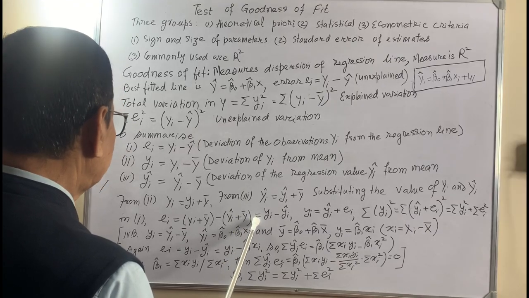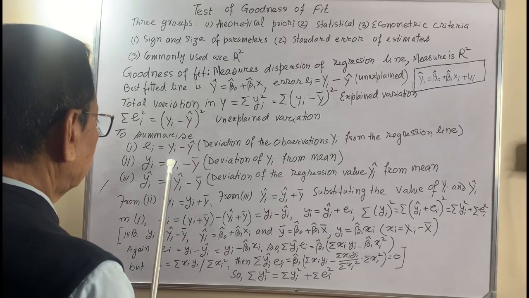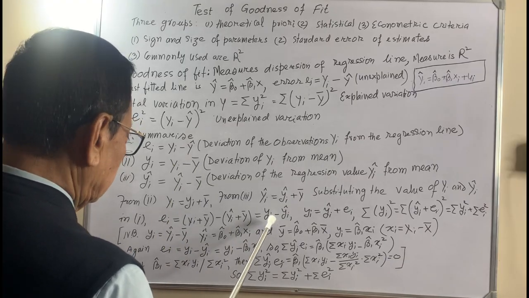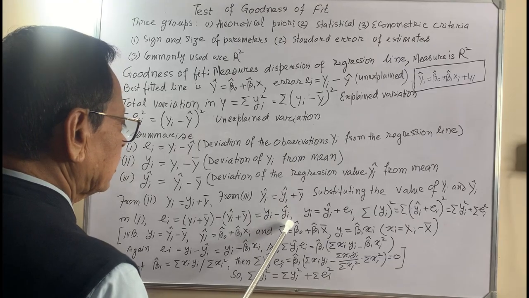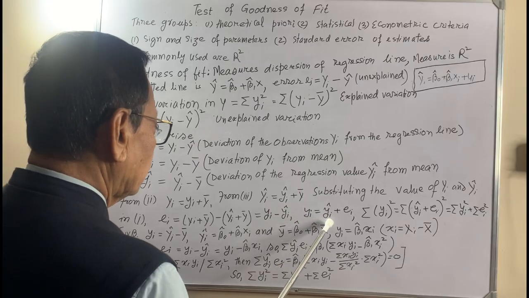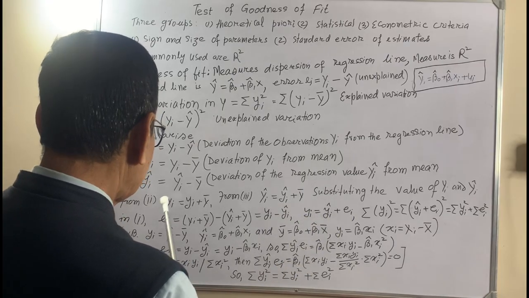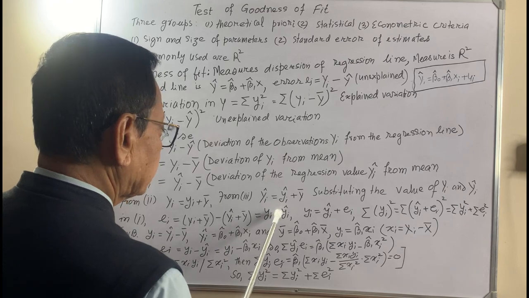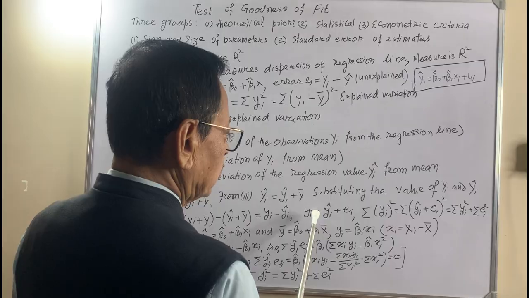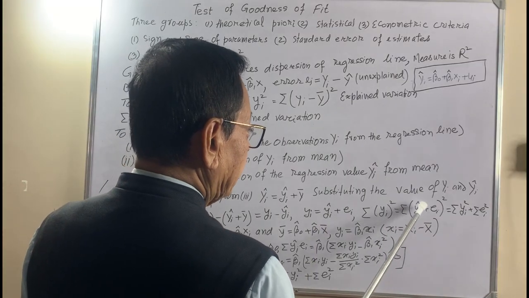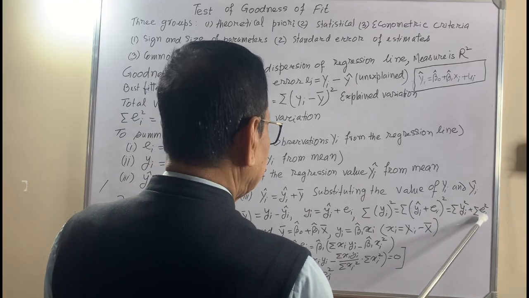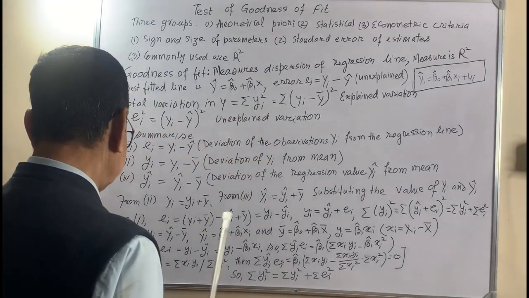If we simplify, we get y_i minus y_i estimated. Then y_i is equal to y_i estimated plus e_i. And because e_i is equal to this, the sum of y_i square, if we square it, is equal to the sum of (y_i estimated plus e_i) square. This is equal to the sum of y_i estimated square plus the sum of e_i square.